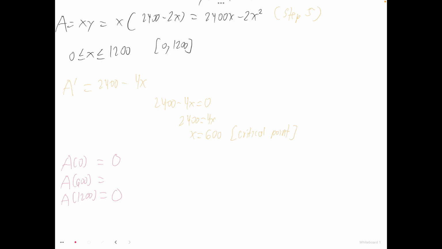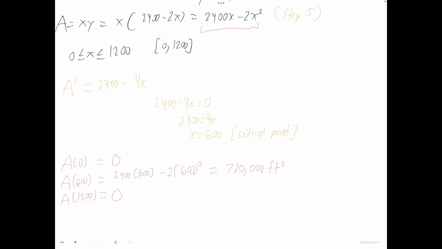Now, if you plug in 600, you get 2,400 times 600, because we're plugging it into A, remember. I'm actually plugging it in just so you can see what value we get out. So we get 2,400 times 600 minus 2 times 600 squared, and this equals 720,000.